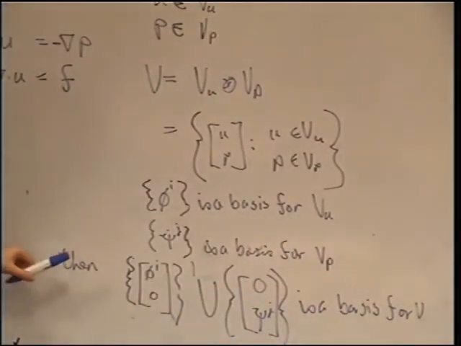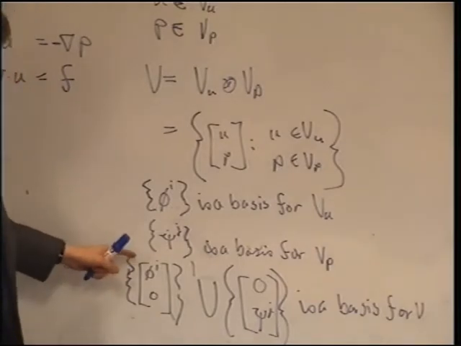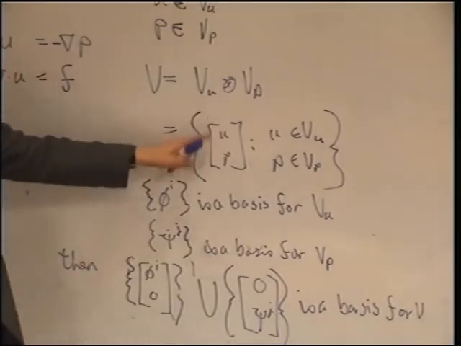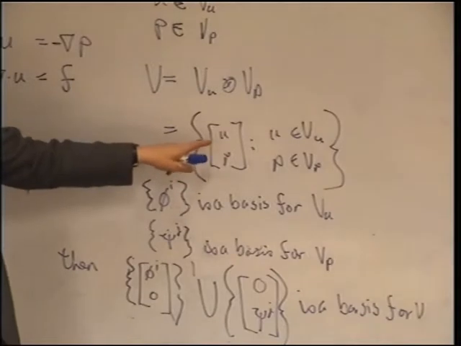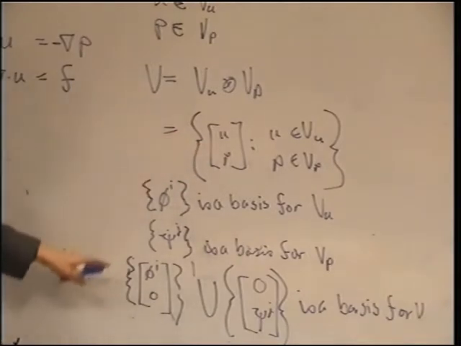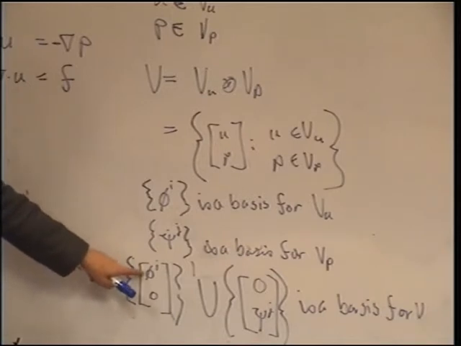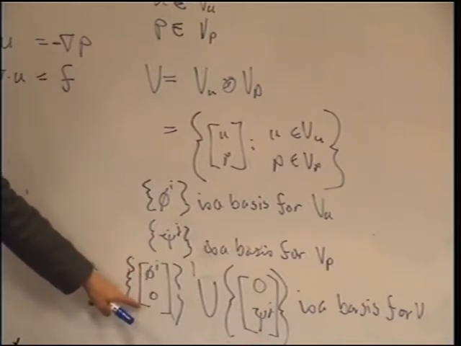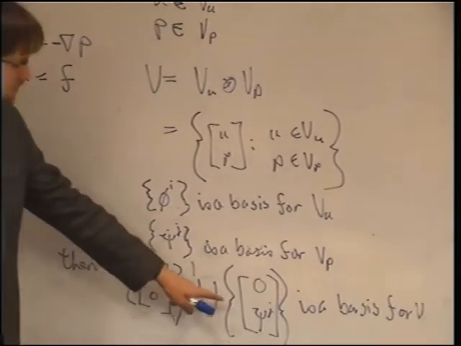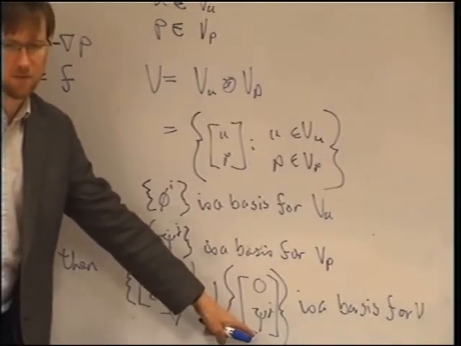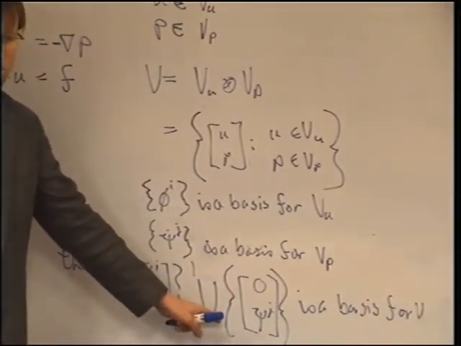Right, so all that's saying is I can get any function in here. Any function in here is a sum of the basis for the u bit with p set to 0, plus a sum of the basis for the p bit with u set to 0.